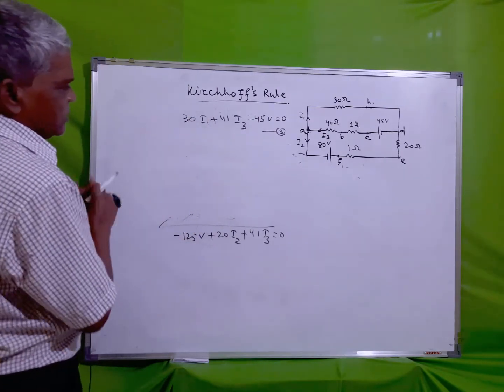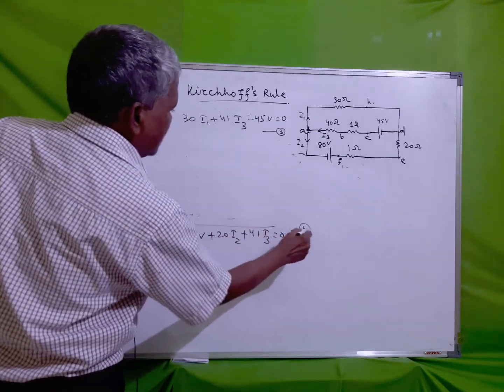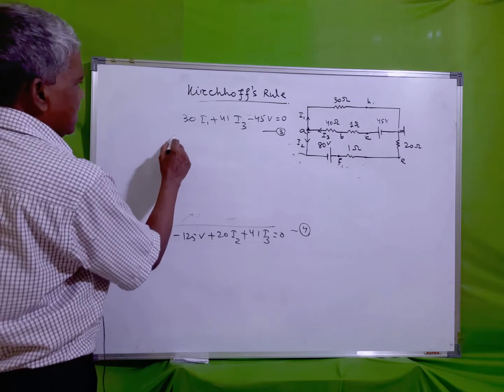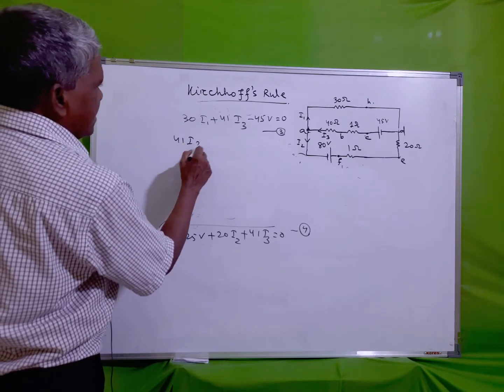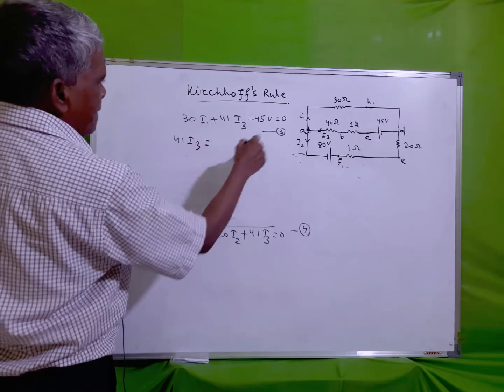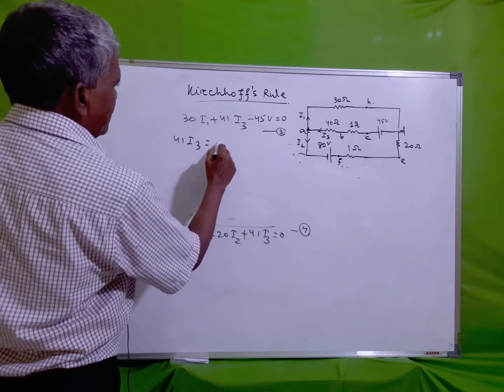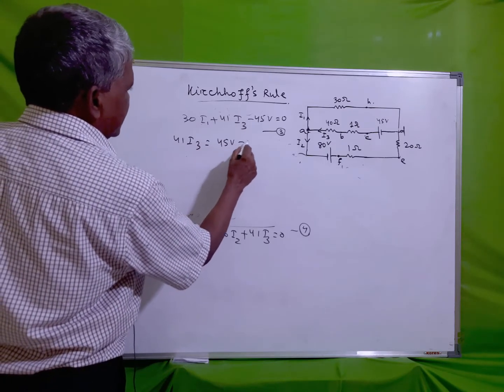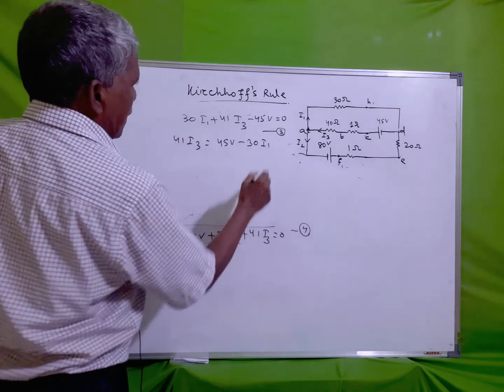From equation 3, 41 I3 is equal to 45 volt minus 30 I1.